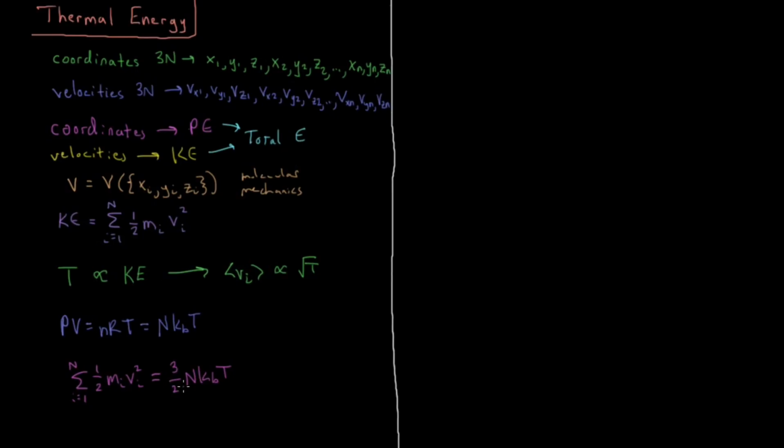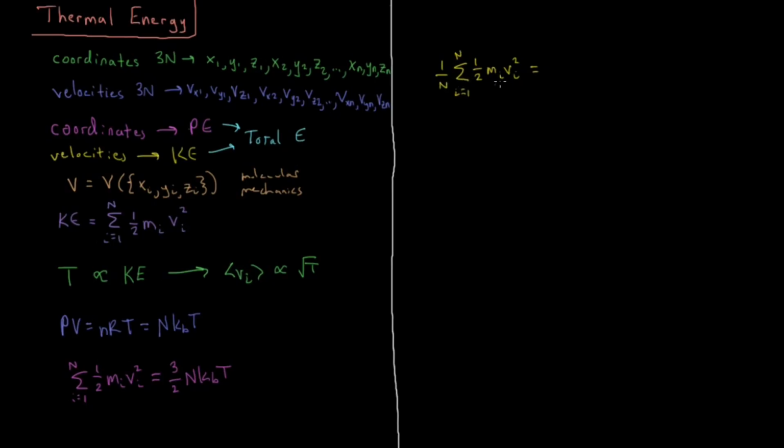So now let's move this n to the other side. We're going to have 1 over n, the sum from i equals 1 to n, of 1/2 m_i v_i squared equals, well, what does this equal first? We have the kinetic energy of a given atom, summed over all the atoms, divided by the number of atoms.